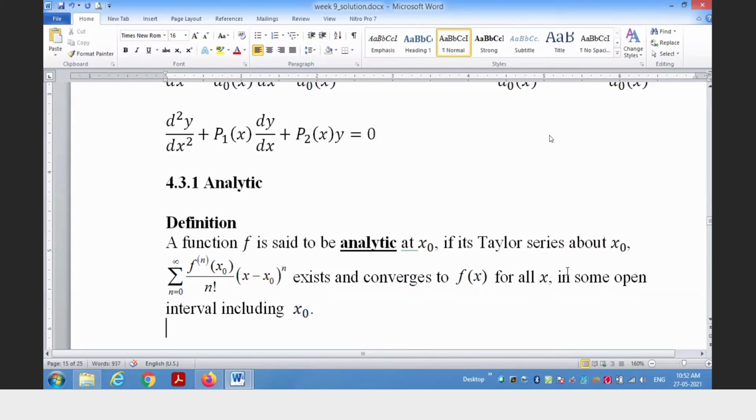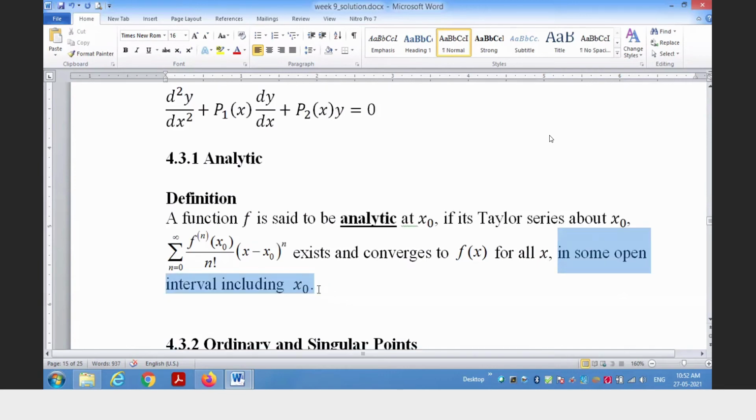What do you mean by some open interval? This is the interval of convergence. It converges to f(x). That means f(x) can be written as this Taylor series, and we expand about x naught.